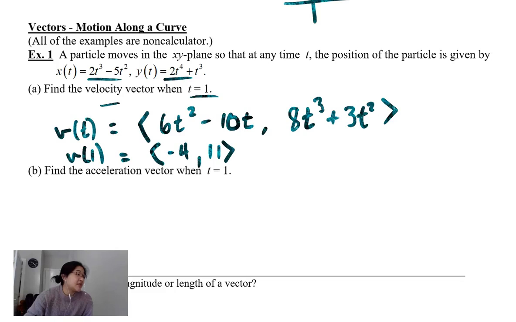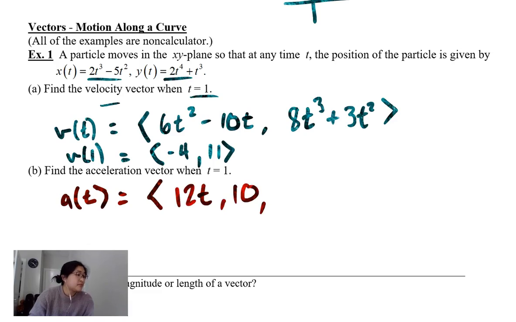So our acceleration is going to be our derivative. We get 12t minus 10, and we have 24t squared plus 6t.